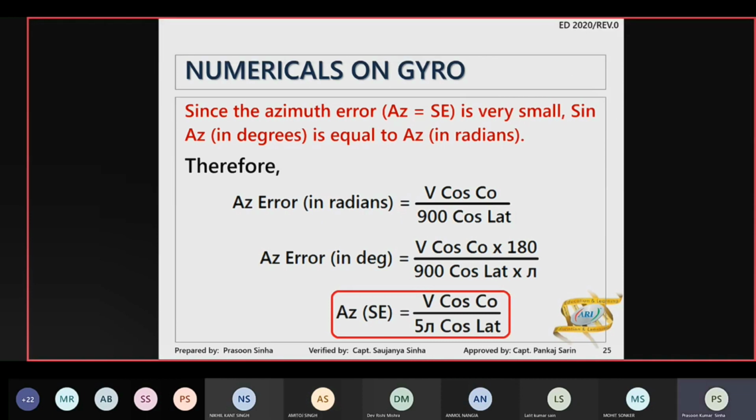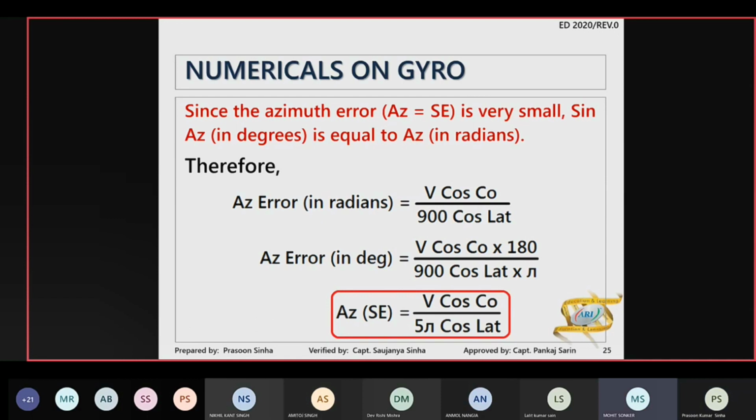So now, should we come back to the question that we started off with? What was the question asking? So steaming error of gyro sailing on equator is 2 degree, allowing for the same speed and course.